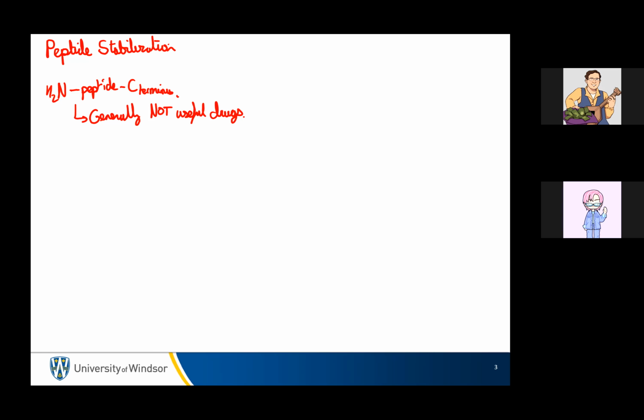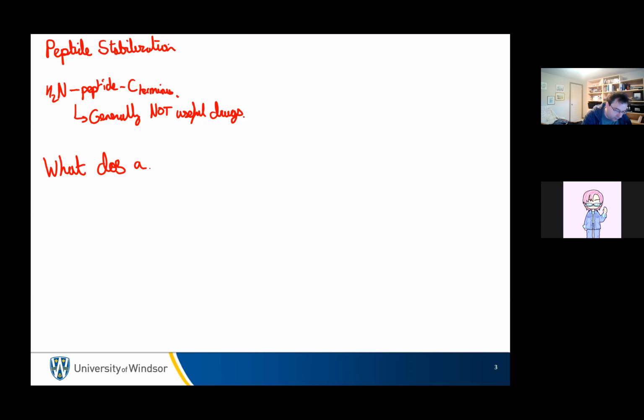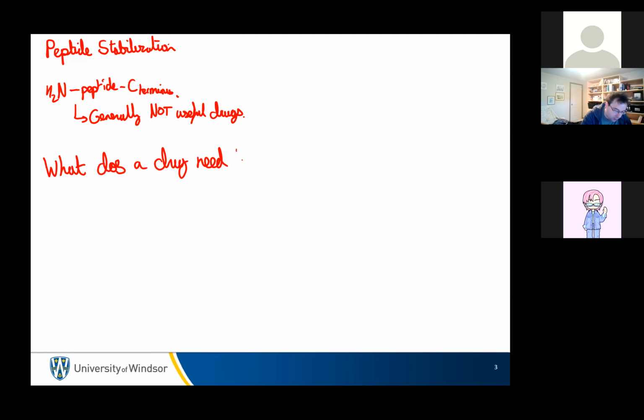I think this is actually a valuable sidebar in the course. I guess it's not really biomaterials, but it's useful. What does a drug need to do? Change something. Okay, I'll accept that. Do you want to be a bit more specific?